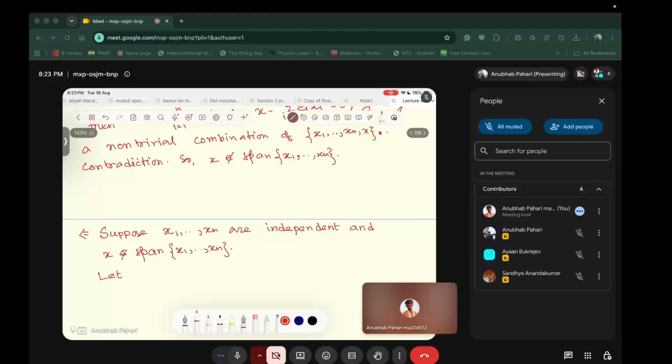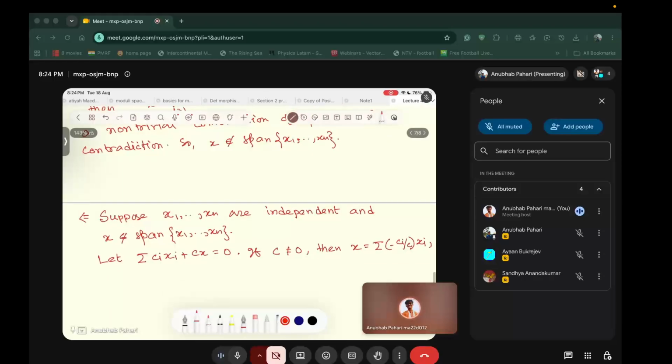Let c1 xi plus cx equals to 0. Now if c not equals to 0, then x equals to summation of minus ci by c xi, meaning x belongs to span of x1 up to xn.